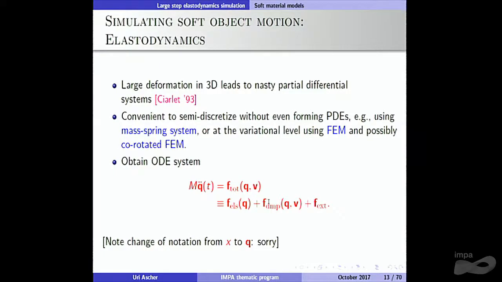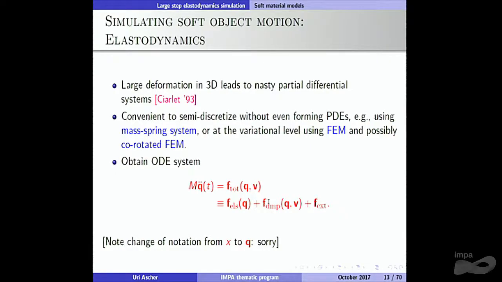And so you get an ODE system. I've switched from X to Q because I like Q. Masses times accelerations, Q double dot, is equal to the totality of the forces, which are the elastic forces, which depend only on Q, plus damping forces, which depend on Q and on the velocity V. The velocity V is the derivative of Q. These are the velocities of the nodes.